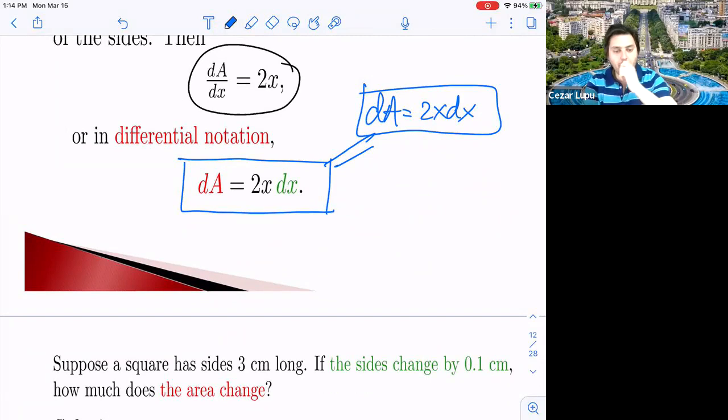Suppose a square has sides 3 centimeters long. If the sides change by 0.1 centimeters, how much does the area change? Think about it for a minute or two.